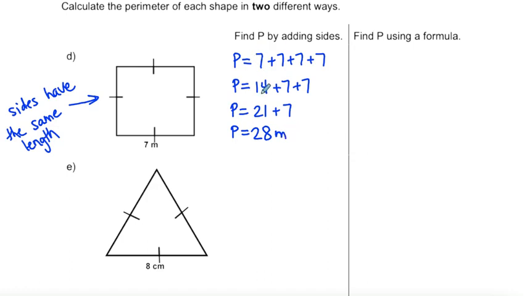Now this is one way to calculate the perimeter of a square. Another way is to use a formula. So the formula to find the perimeter of a square is 4s, where s stands for the side length. And 4s means 4 times s. So this is a multiplication between these two.